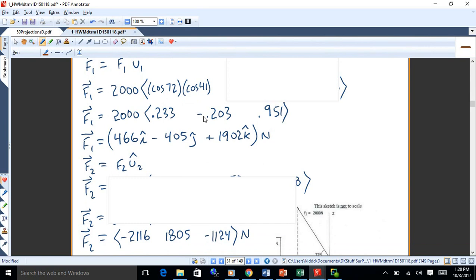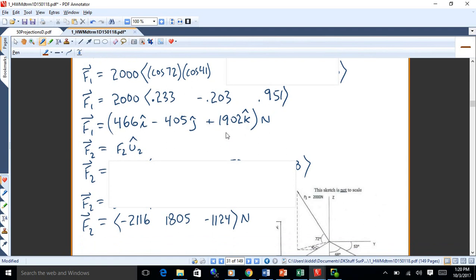So once you've swung that F1 vector down into the xy plane, what is it going to take to get it projected over to the y-axis? And actually, it'll end up being a negative because it's going to go in the negative y direction. So you'll have to figure that out, and then take that result and multiply it by 2,000.